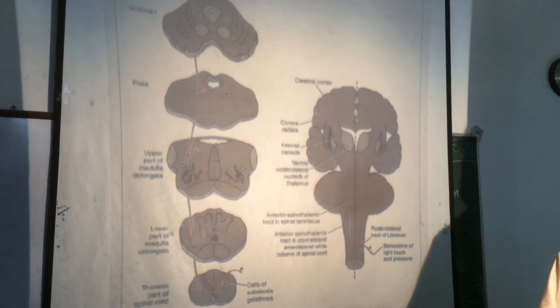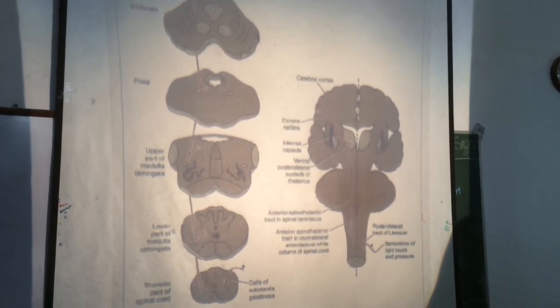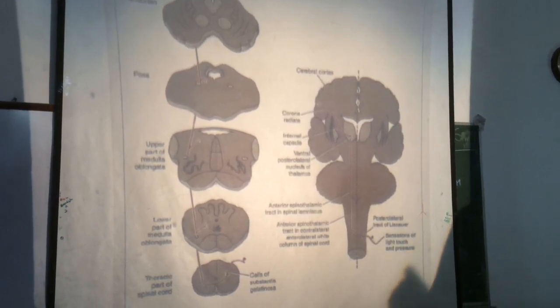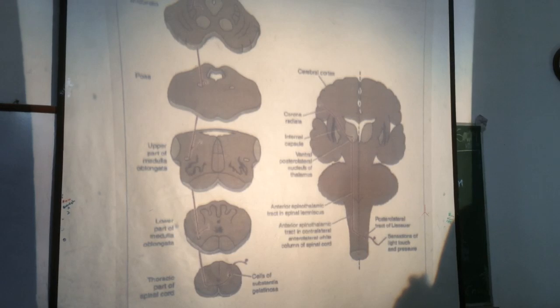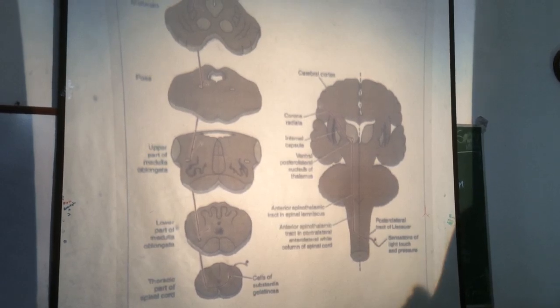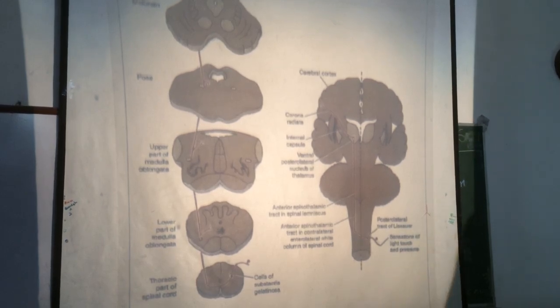These nerve fibers synapse with neurons in lamina 1, 2, 3, including substantia gelatinosa.